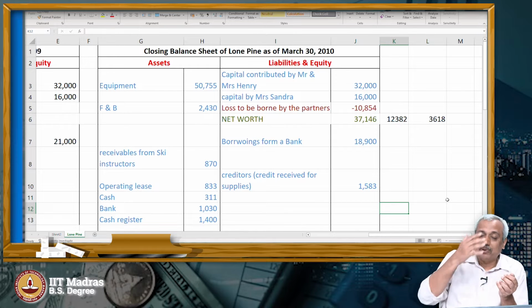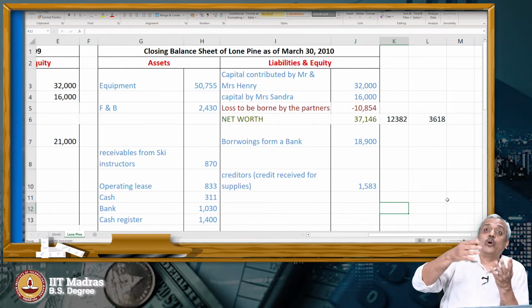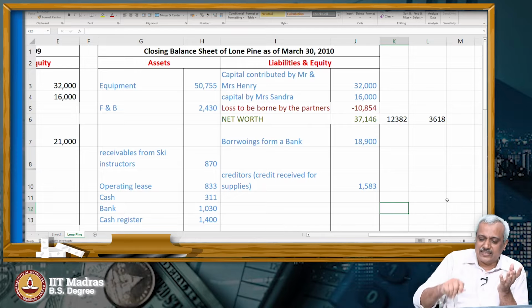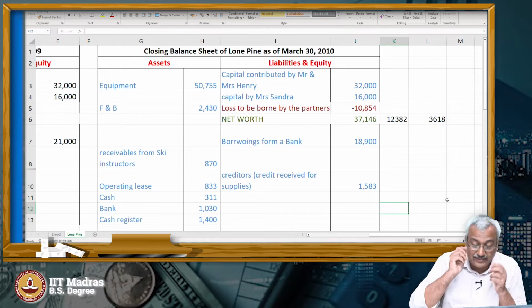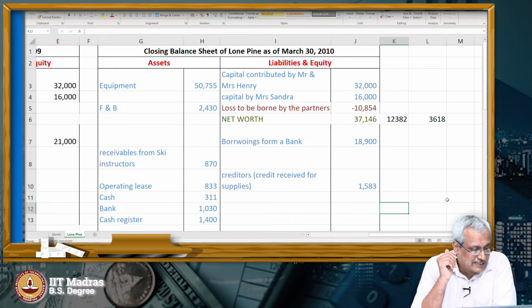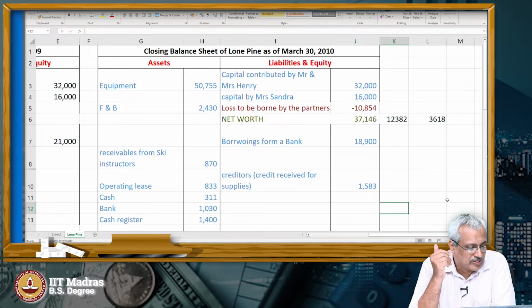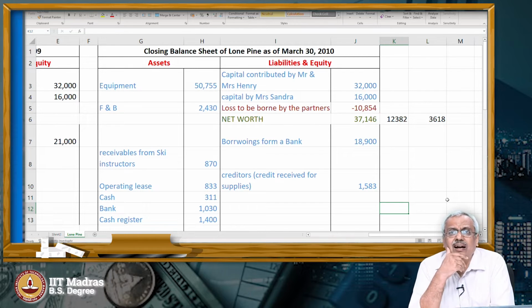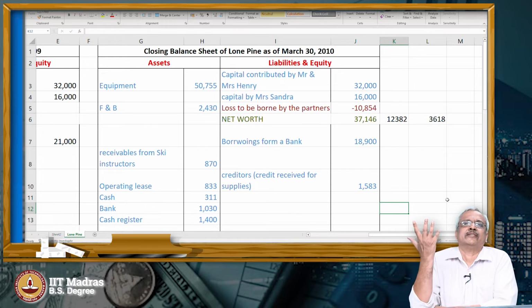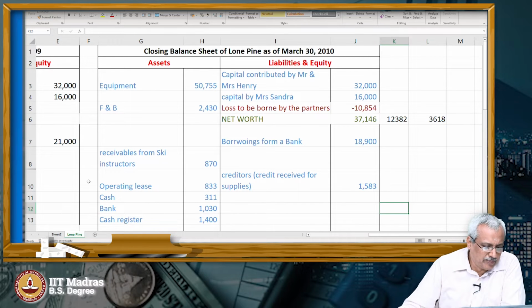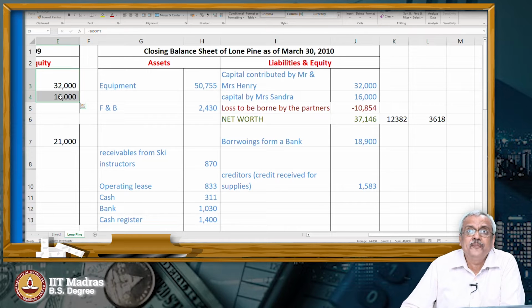Suppose in the same example, the entire capital is eroded. Instead of the $10,854 loss, the loss itself is equal to 32 plus 16, that is, the entire loss itself is about 48,000 totally. Then what happens? The capital is zero, the capital ceases to exist. The capital contributed by the two partners is 32 plus 16 into 3, 48,000.